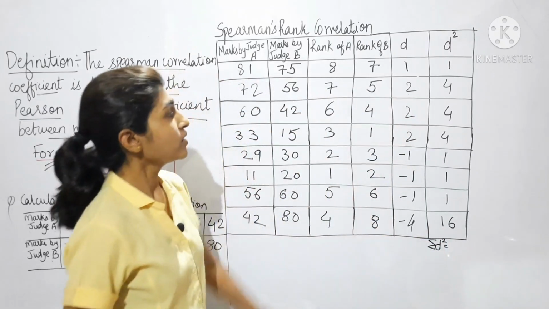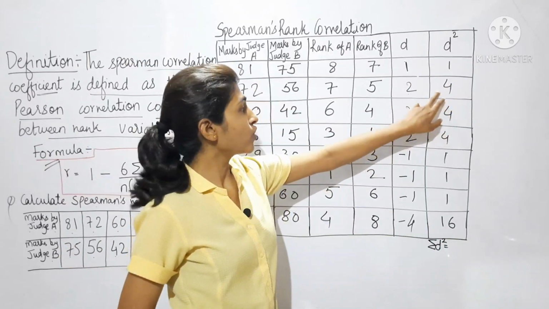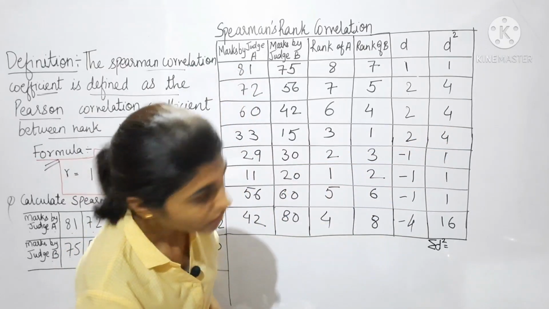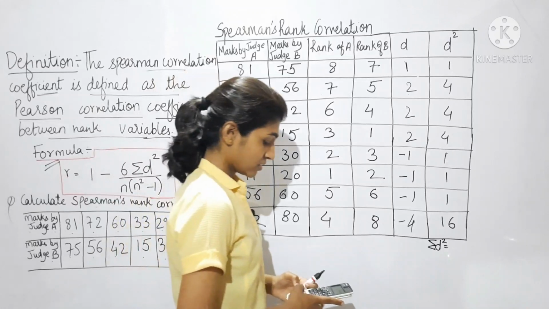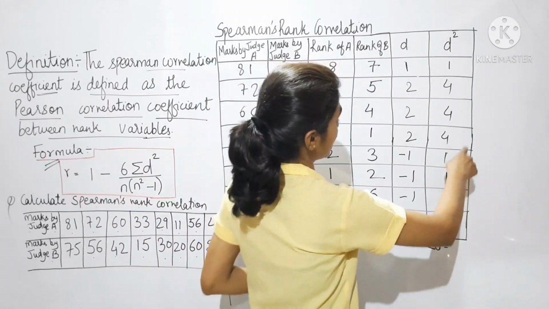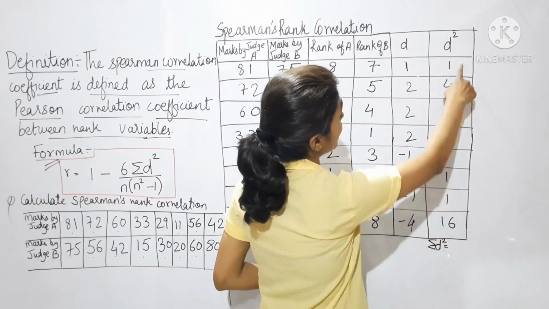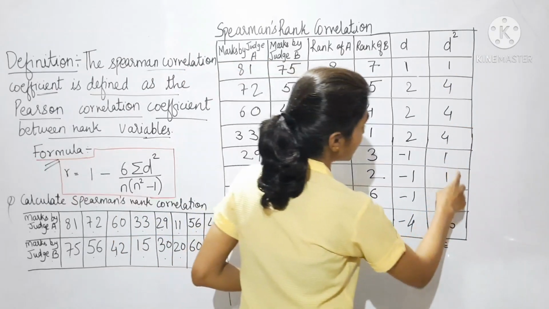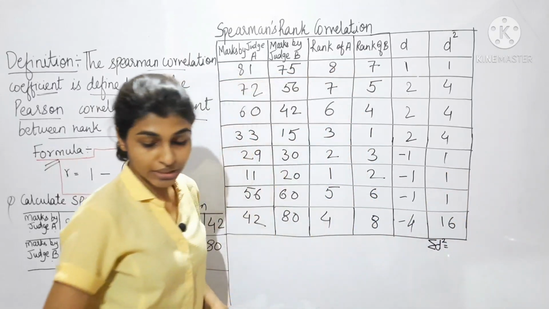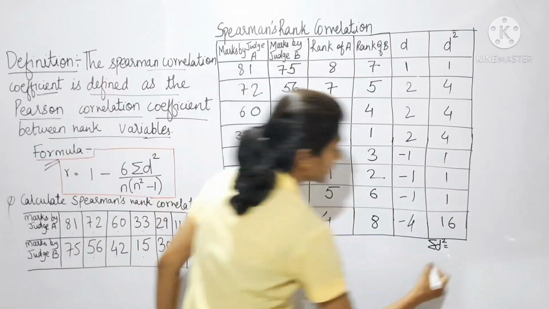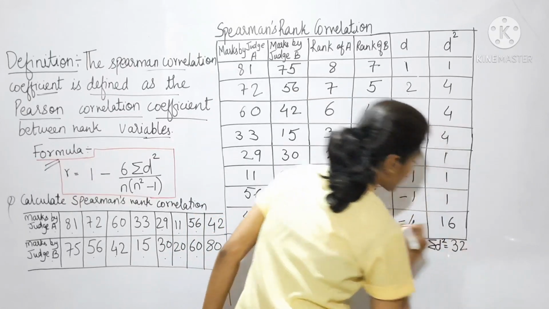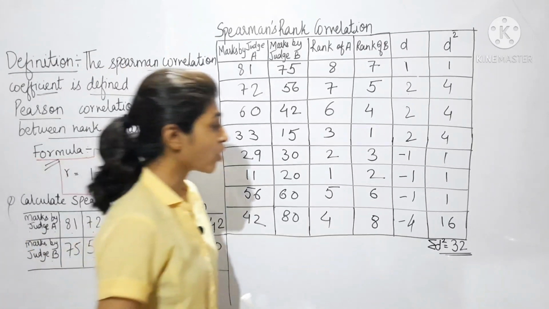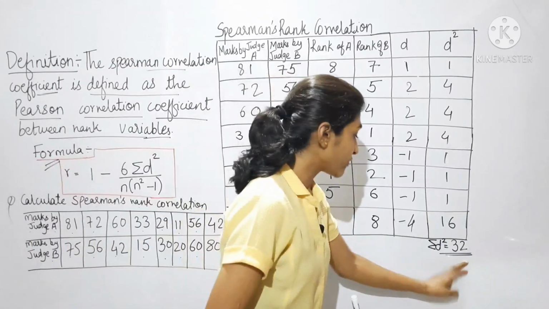So add 1 plus 4, 5, 5 plus 4, 9, 9 plus 4, then add all these: 1 plus 4 plus 4 plus 4 plus 1 plus 1 plus 1 plus 16. You get the answer 32. Check whether you are also getting the answer 32. Mention in the live chat box. So we have got the summation of d square.